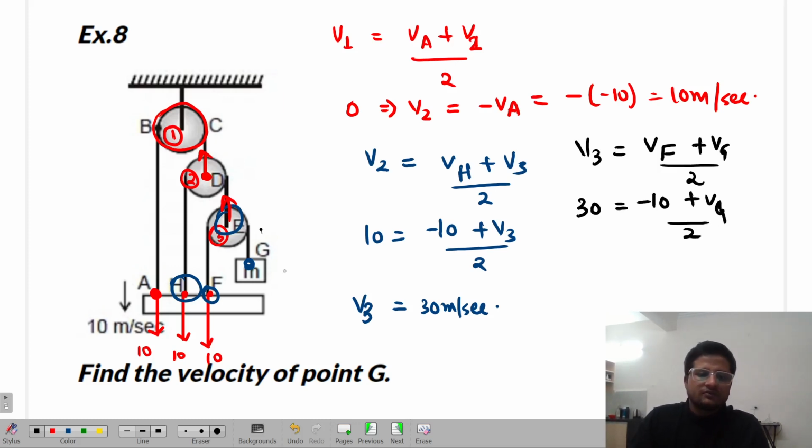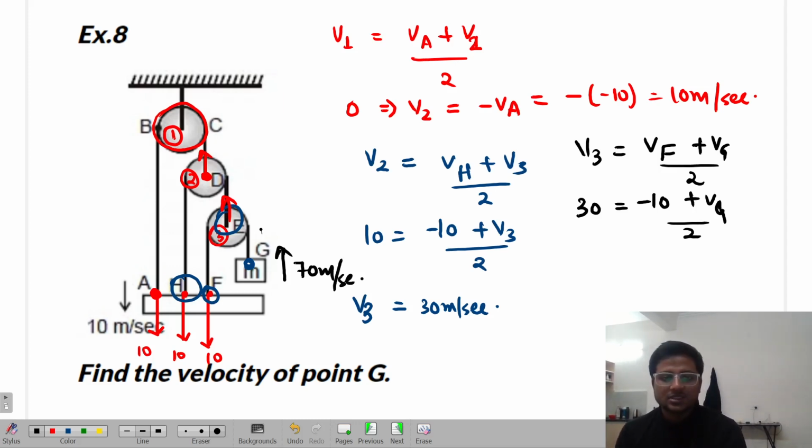This implies that V of G goes upwards with a velocity of how much? 70 meters per second. Is that clear or not? Yes. Is that perfectly clear? Okay, can I move ahead?